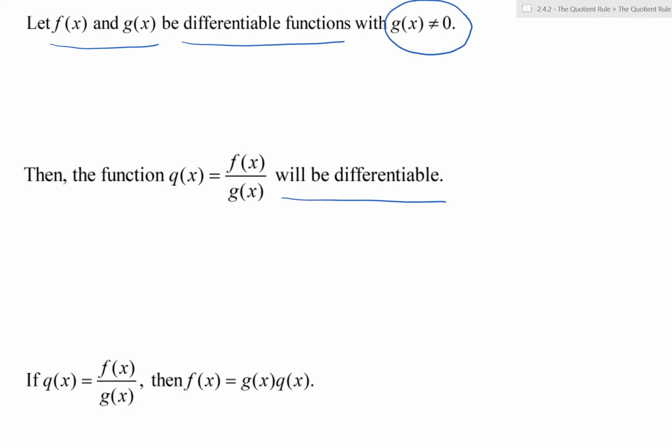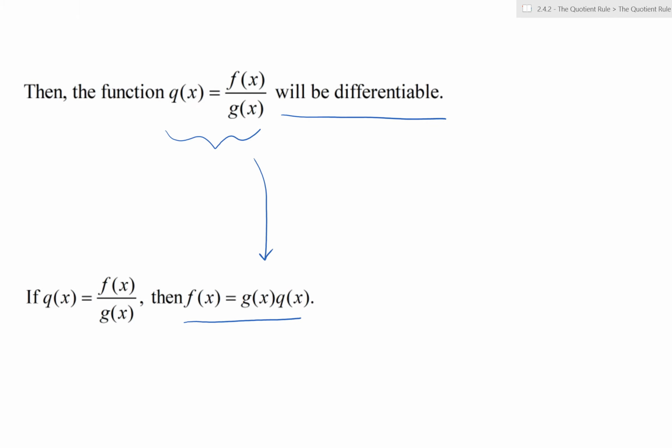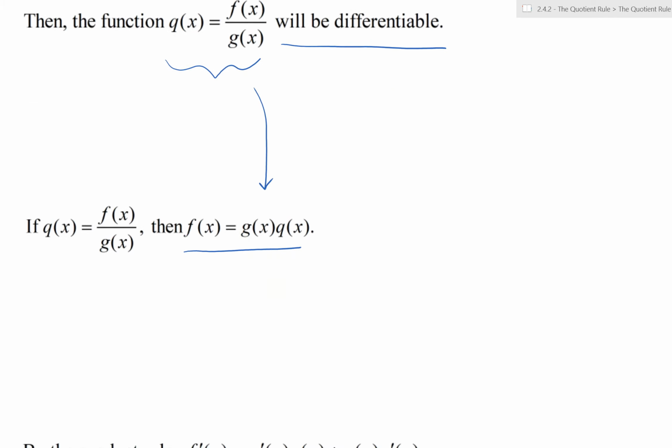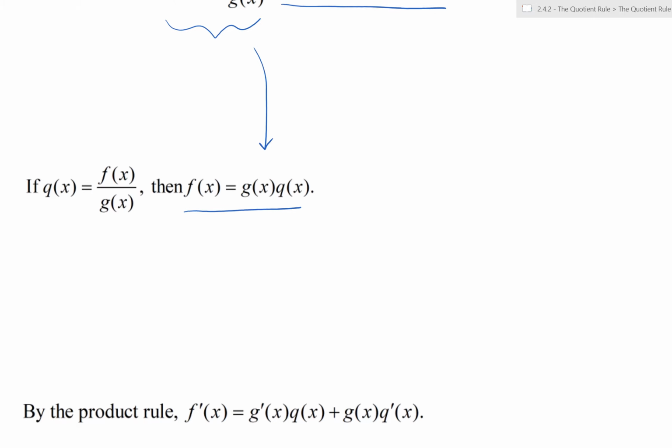So if I call that a function and then solve that for f of x by multiplying both sides by g of x, then equivalently, this statement says that f of x is g of x times q of x. And that is a product, right? f of x is the product of g of x and q of x.